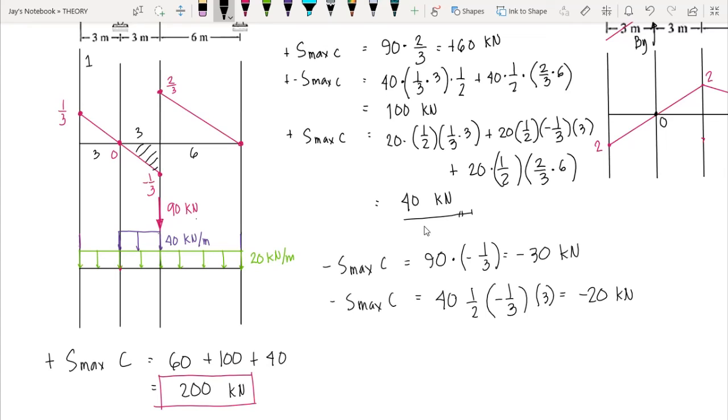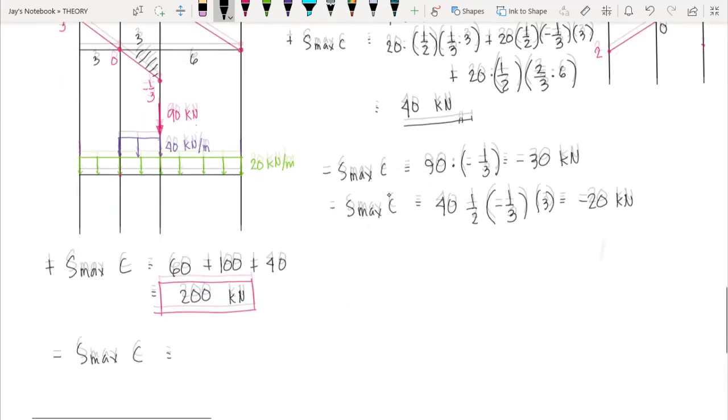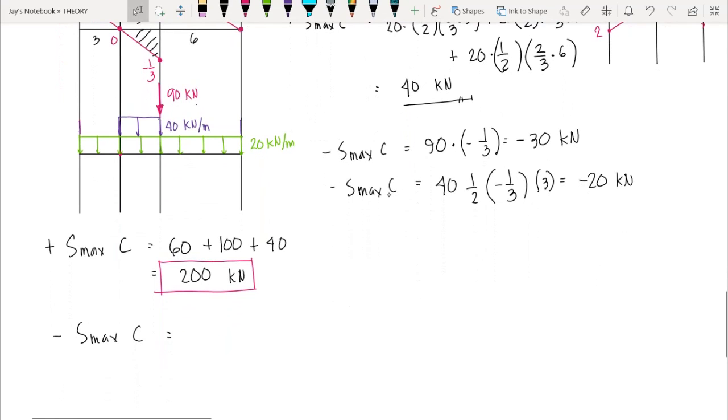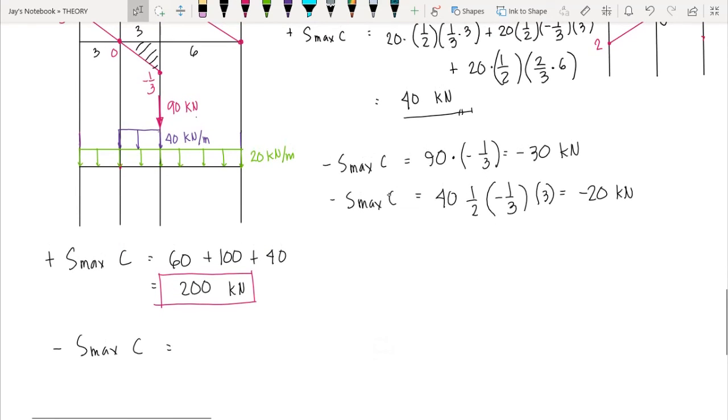Now, for the shear at C due to the dead load 20 kilonewton per meter, that's still the same. We have already computed that one, that is 40 kilonewton. Now, to compute the negative maximum shear at C due to the loads, we just need to add. We have negative 30 minus 20 and the dead load, which is 40 kilonewton.